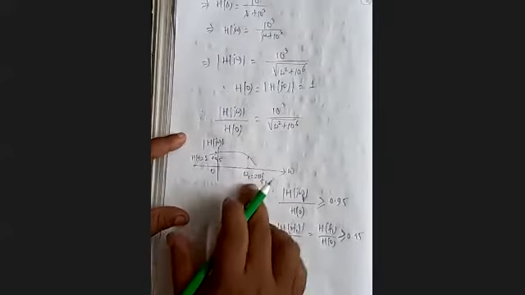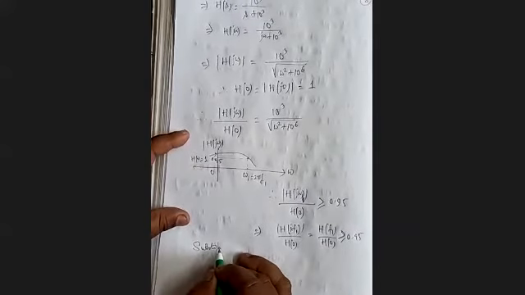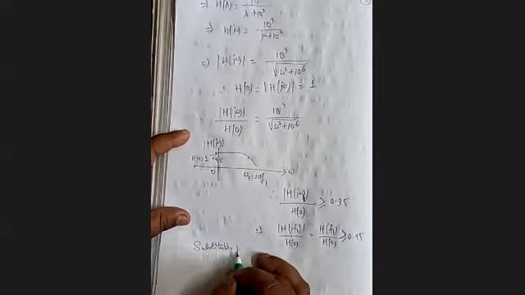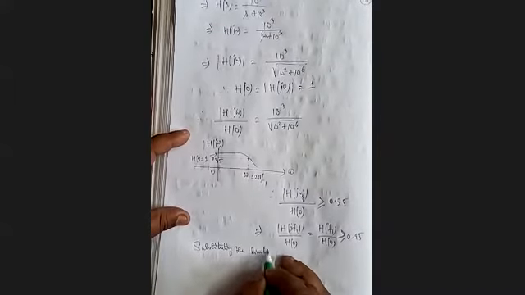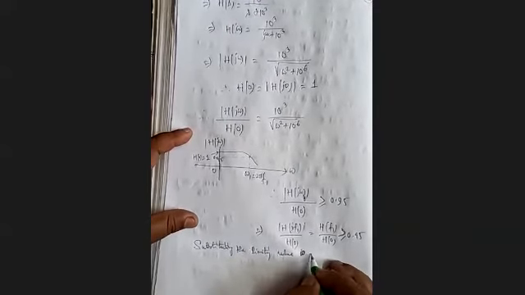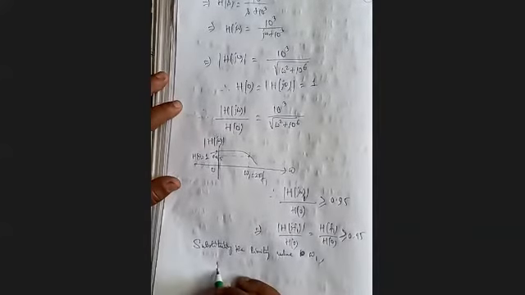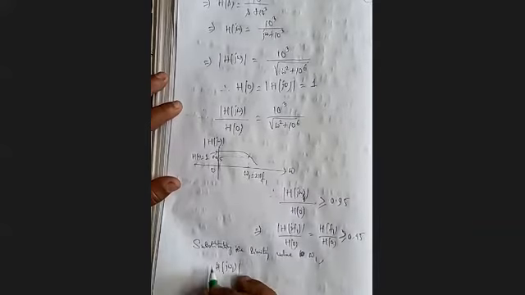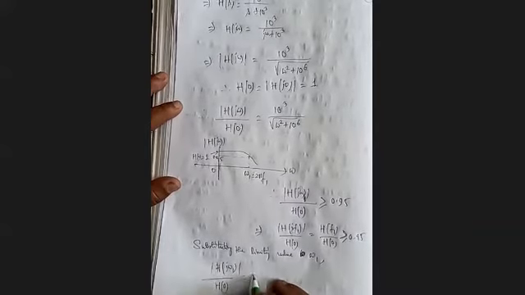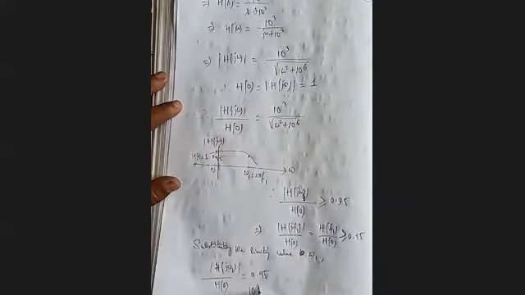So substituting the limiting value ω1, what we get? We get mod of H(jω1) by H0 equal to 0.95, or it is equal to, you put ω1, 10 to the power 3 by square root of ω1 square plus 10 to the power 6 equal to 0.95.